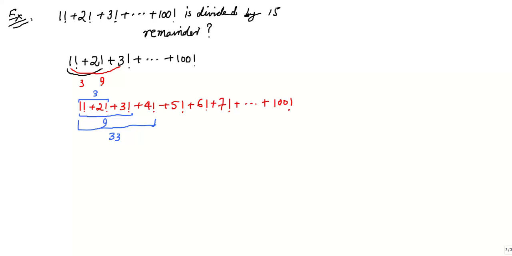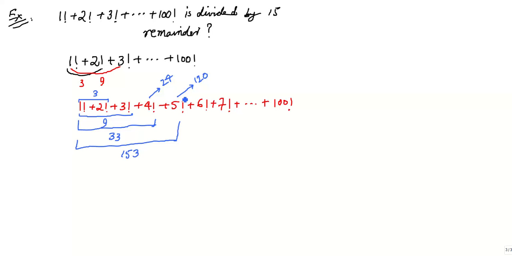Now, 4 factorial alone is 24. Now, look at 5 factorial. What is 5 factorial alone? 5 factorial is 120, and if 120 is added to 33, that gives you 153.